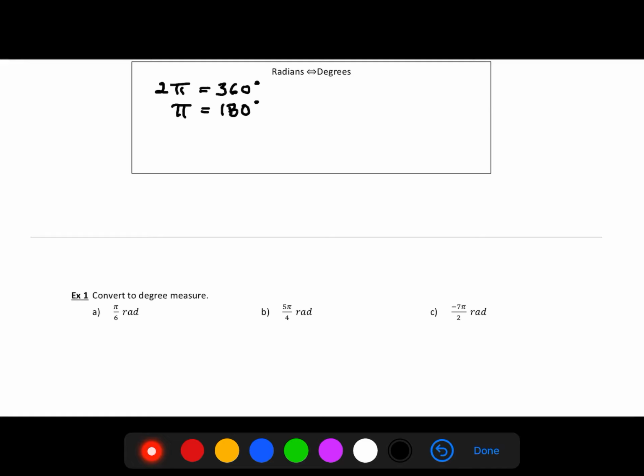Well, if we wanted to figure out how to transfer from one to the other, we can use this. If we want to know what 1 radian is, then we're going to take our 180 and divide by pi.